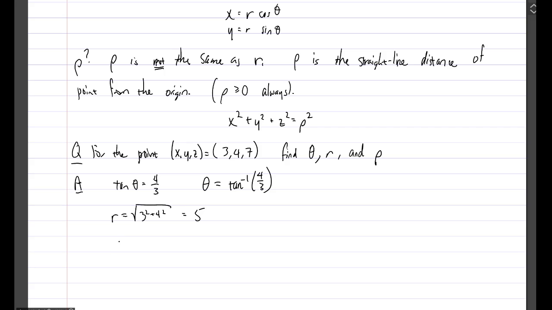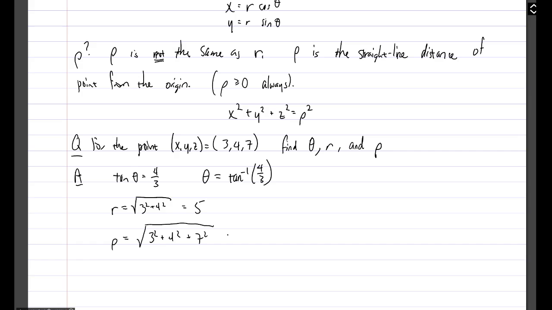What about the value of rho? From the fact that rho squared is x squared plus y squared plus z squared, rho itself should be root 3 squared plus 4 squared plus 7 squared. You could leave it like that, but I typed this into a calculator, and this is approximately 8.6. A couple comments are in order.